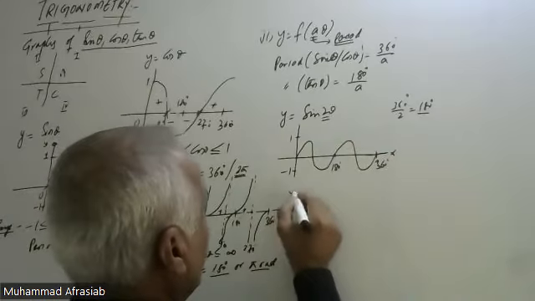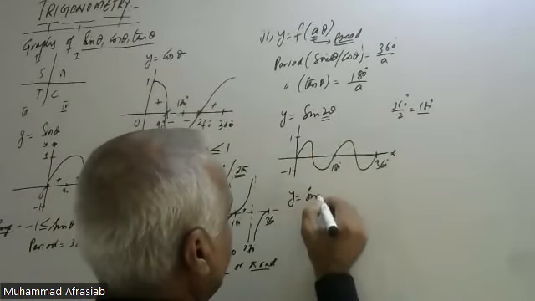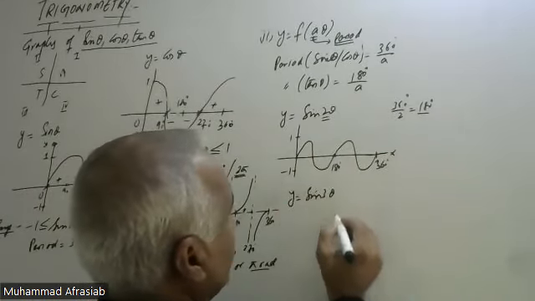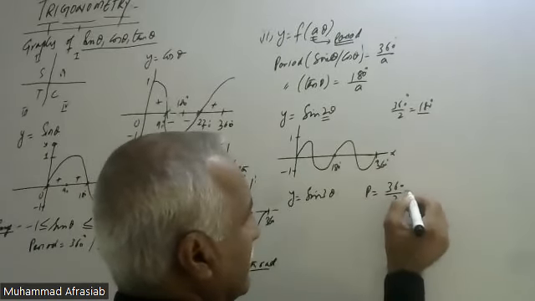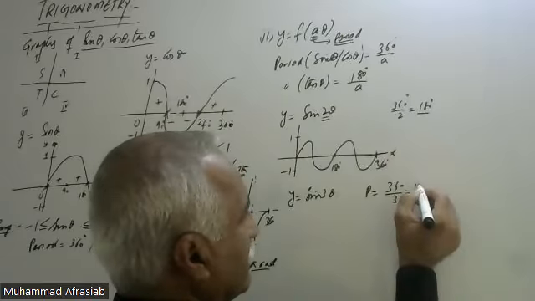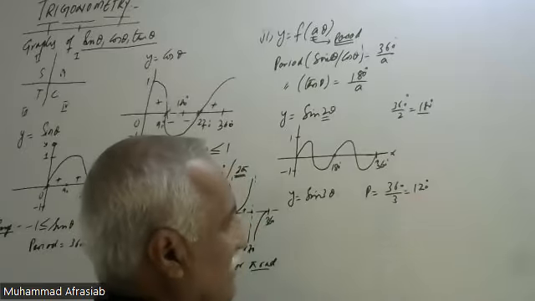If y equals sine of 3 theta, then the period will be equal to 360 over 3, and that is equal to 120.